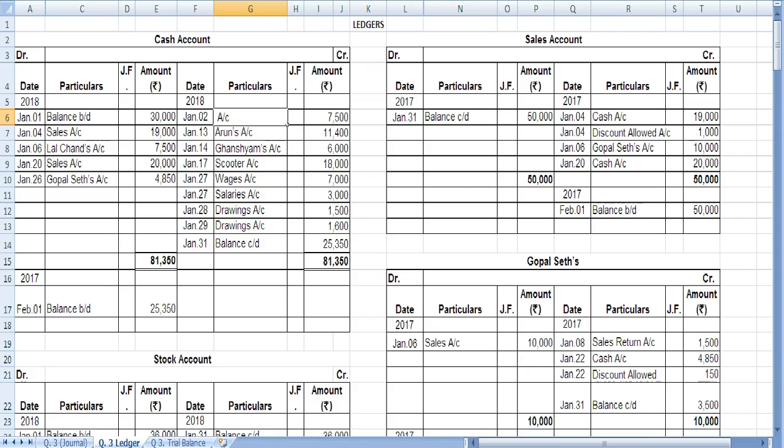So let me change this and write this as office equipment account. Okay, so here what is there? What was the journal?